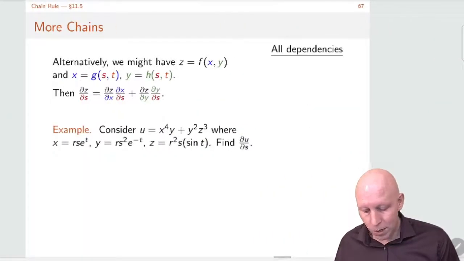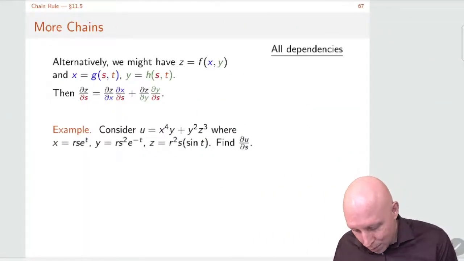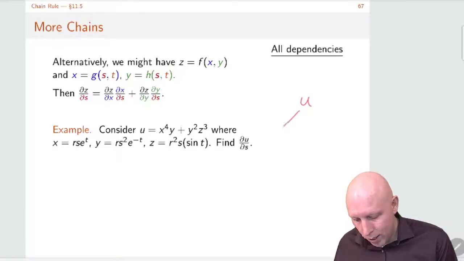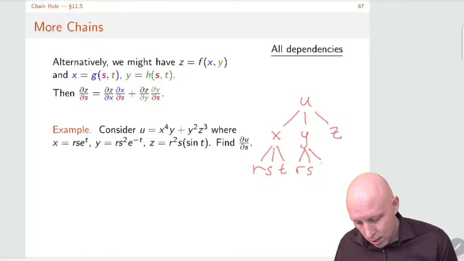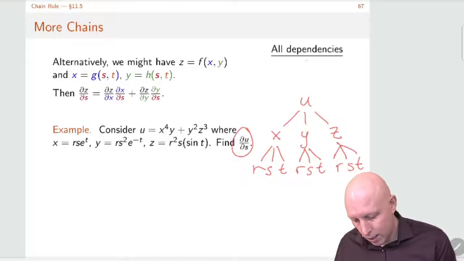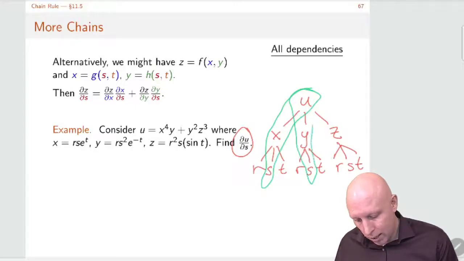All right, sometimes we get an even more complicated example. So we have u that's dependent on x, y, and z, and x is dependent on r, s, and t. So if we want to find del u del s, then we need to find all ways in which u is related to s.